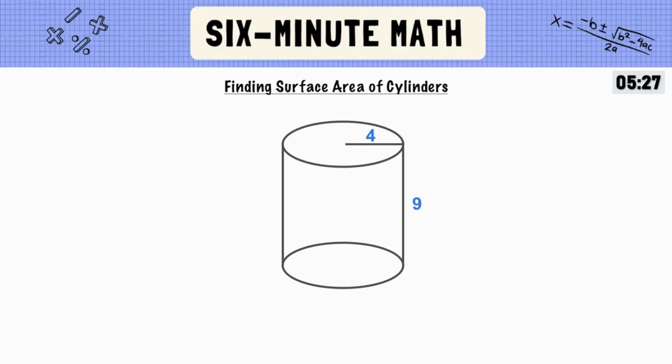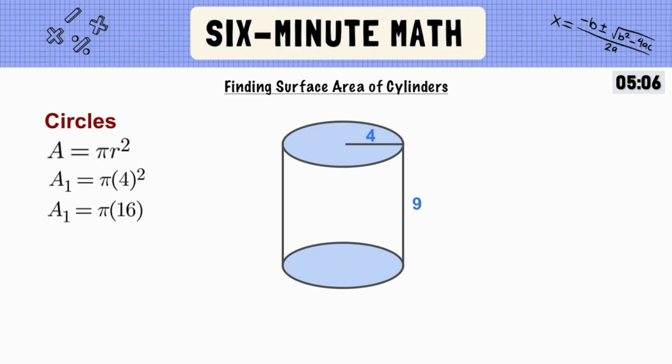We have the following cylinder, and that's broken down into 3 sides. First, we have the circles, which would be the top and bottom. And to find the area of a circle, we have pi r squared. Our radius is 4, so we plug that in for one circle. 4 squared is 16, so the area of one circle is just pi times 16, which is 50.2654.